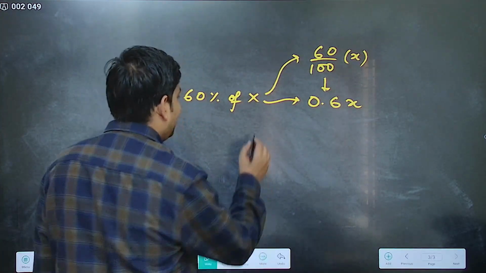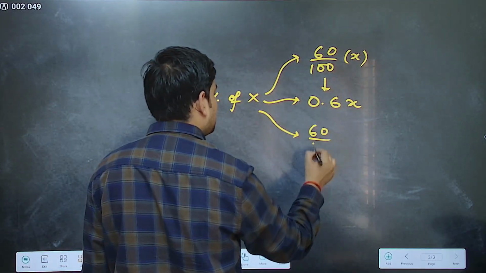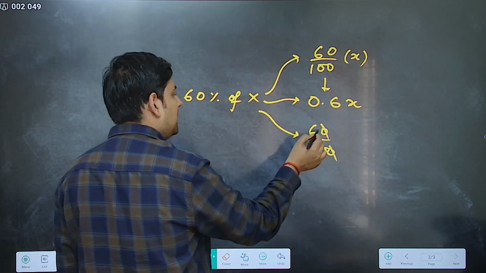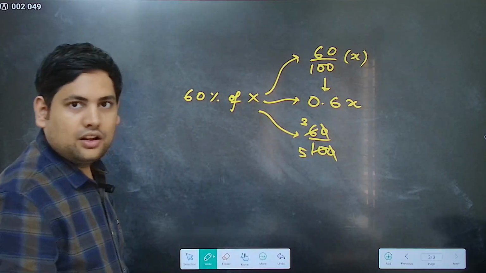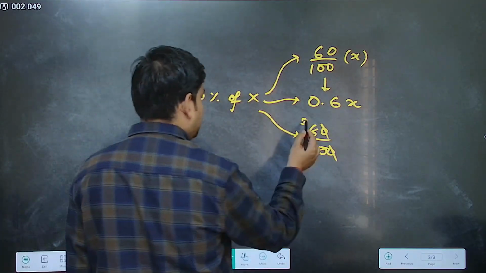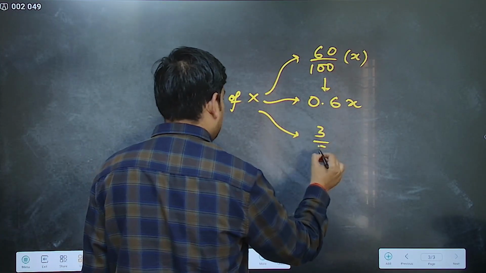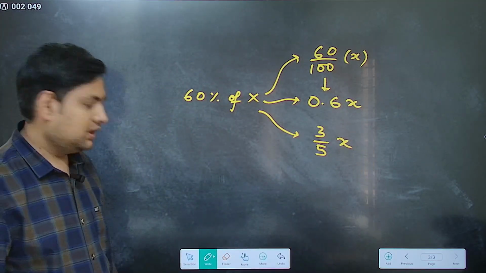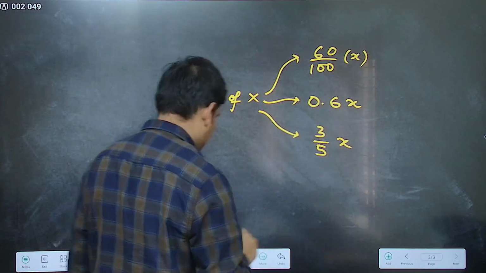Now, another way: 60 by 100, you cancel 0, 0, then you cancel 6 and 10. How many times will it go? By 2, 6 goes 3 times, and 10 goes 5 times. Correct? So this can also be written as 3 by 5x.